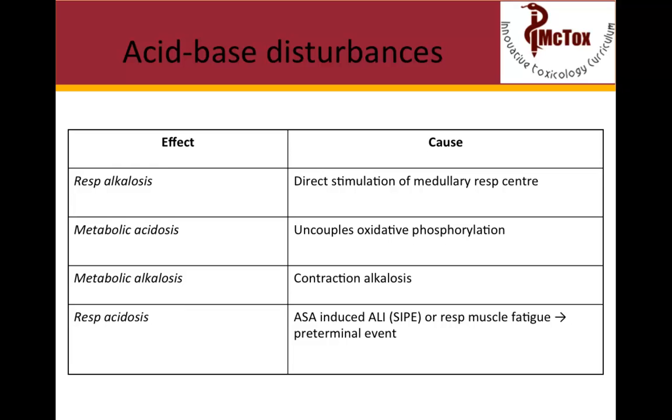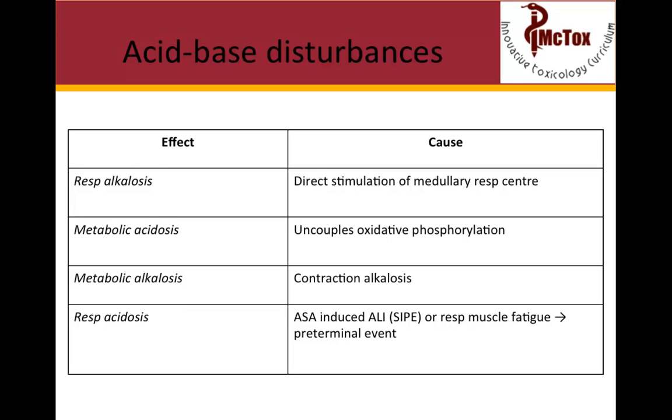There are 4 different types of acid-base disturbances that can accompany aspirin toxicity. Respiratory alkalosis is a result of direct stimulation of the medullary respiratory center, which increases its sensitivity to pH and CO2, resulting in hyperventilation. Metabolic acidosis is a result of uncoupling of oxidative phosphorylation in the mitochondria.